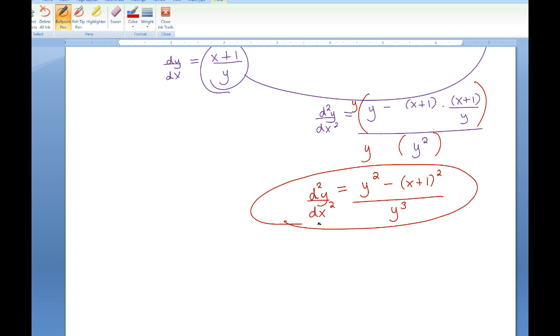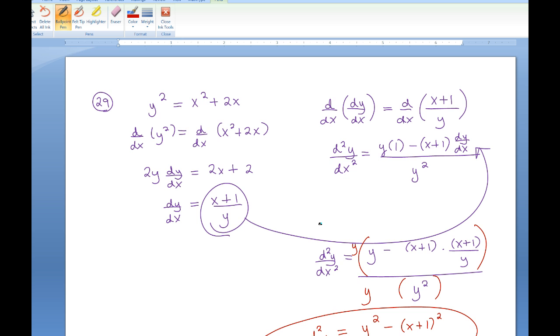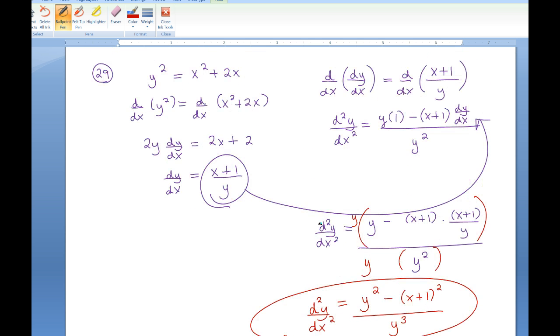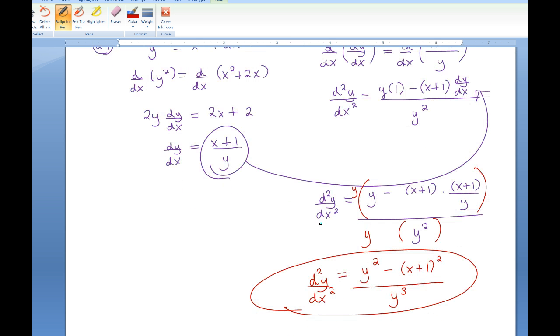I don't remember seeing a y squared in the solutions manual on the top. They just leave it as y. Oh, I see, I see what they did. They simplified it further.